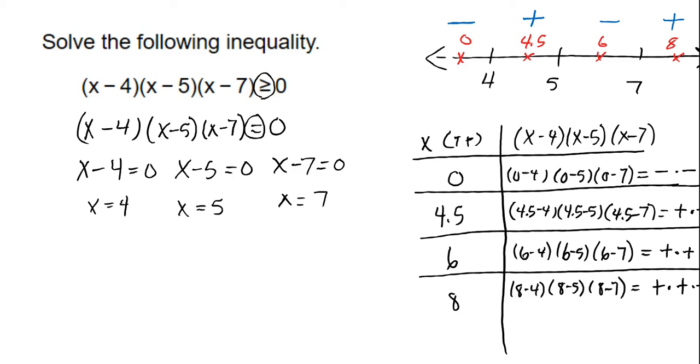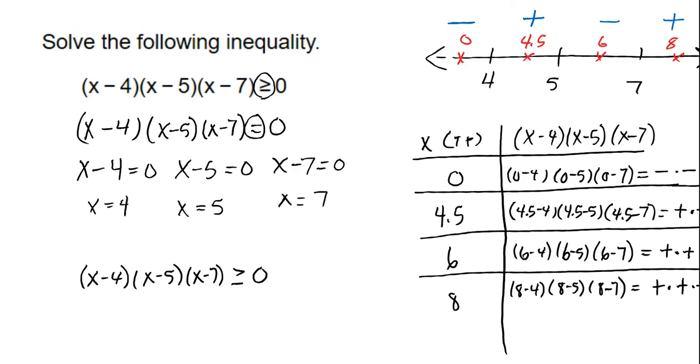And then we're going to look at our original inequality again. X minus 4 times x minus 5 times x minus 7 is greater than or equal to 0. So we've built this chart for us to see which intervals are positive, which intervals are negative.